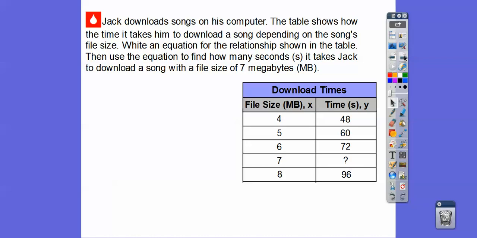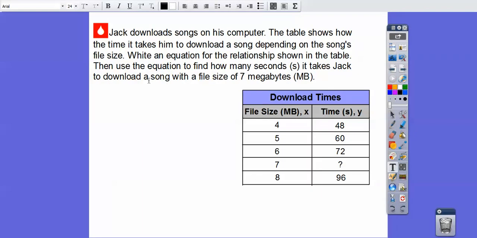Jack downloads songs on his computer. The table shows the time it takes him to download a song depending on the song's file size. So that should say write, not white, an equation. Write an equation for the relationship shown in the table, and then use the equation to find out how many seconds it takes Jack to download a song with a file size of 7 megabytes.